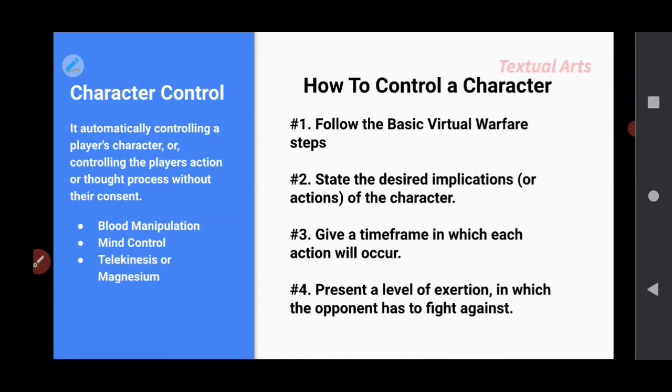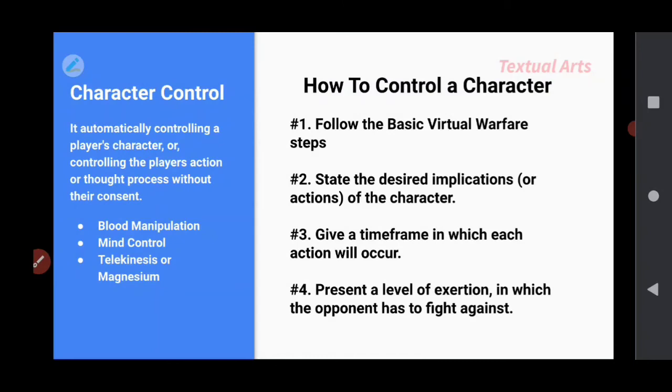It would be hard for them to match your level of exertion because you're not out of breath, you're fully energized, whereas the opponent is pretty weak, pretty tired, and can't match their level of exertion against yours in order to fight against that control.